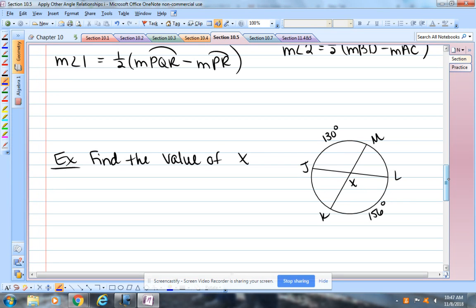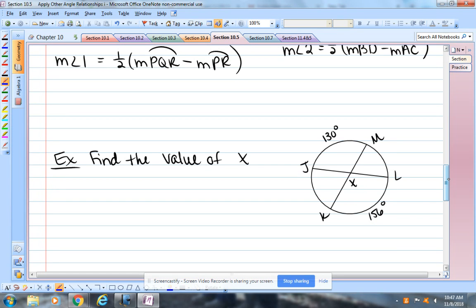This top arc measure JM is 130 degrees. The bottom arc measure is 156 degrees. Are those two lines intersecting inside the circle or outside the circle?